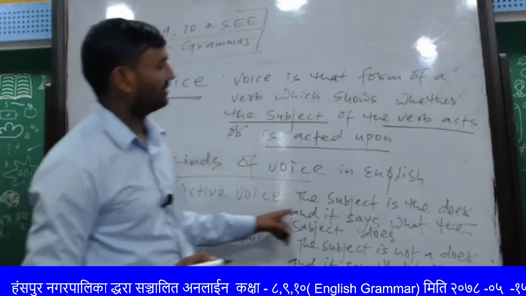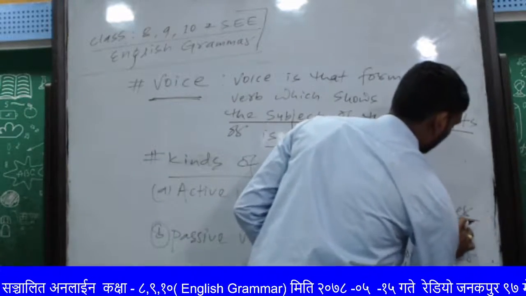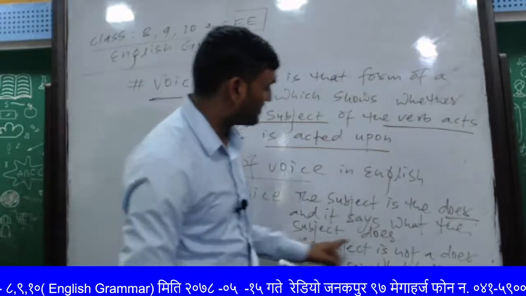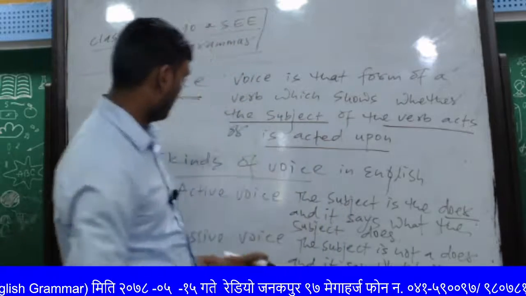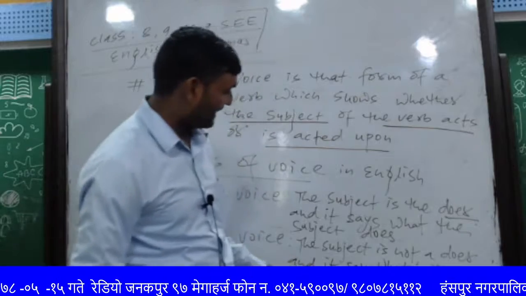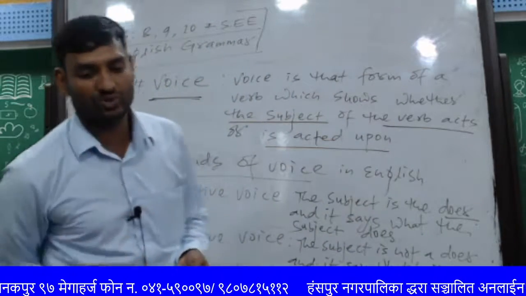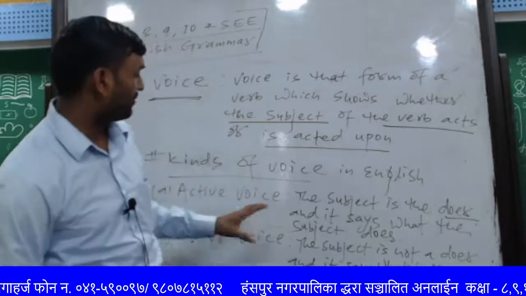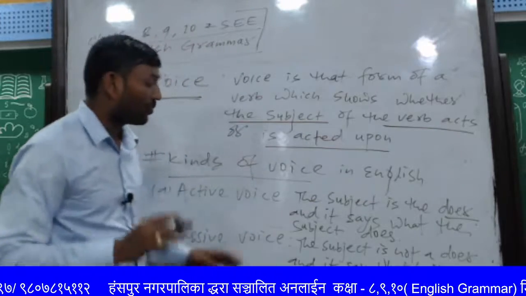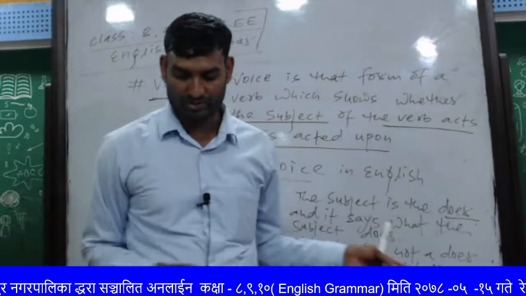Active means the subject is the doer, and it says what the subject does. Passive voice means the subject is not a doer, and it says what happens to the subject.